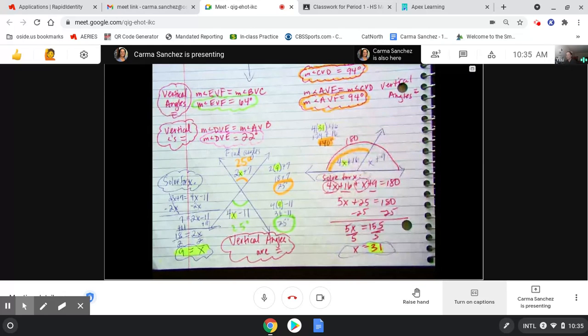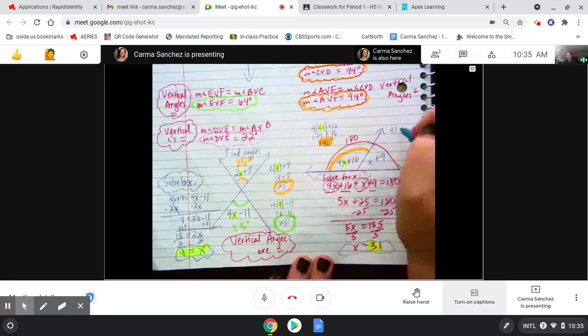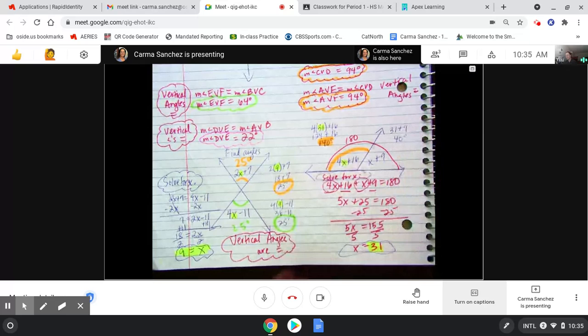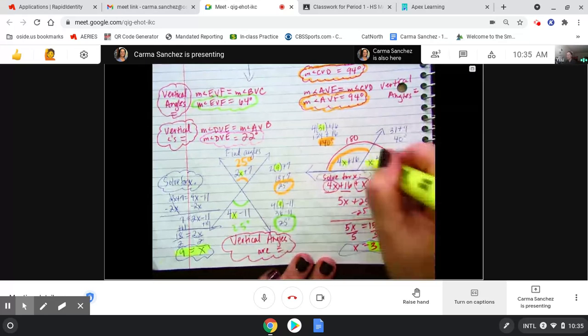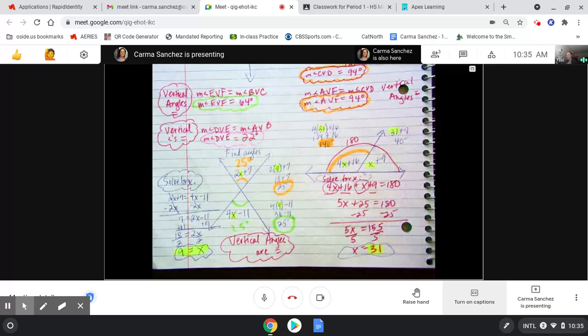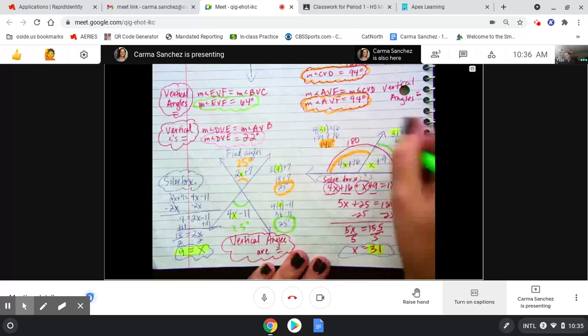Now this angle over here is not the same. Unlike the vertical angles that are equal, this is a different angle. So we're going to plug in 31 for x and we're going to get 40. How did we get that? We plugged in 31 for x right here and we added it together to get 40 degrees. So this angle right here is 40 degrees after we plugged in.